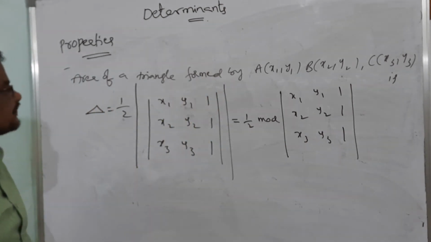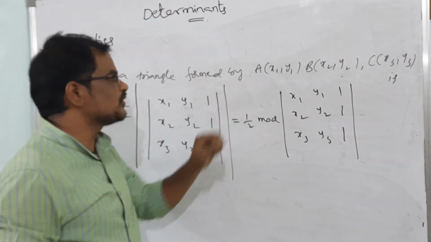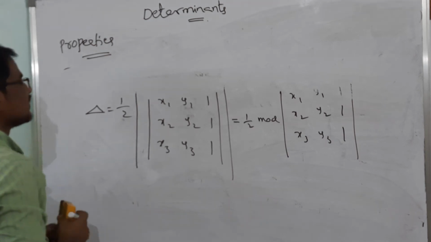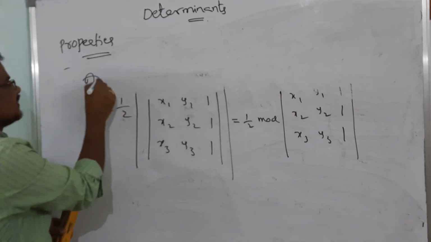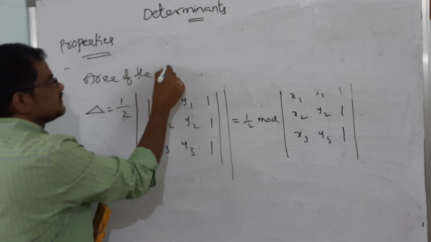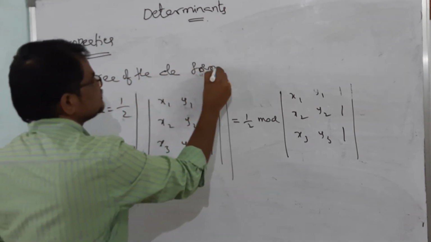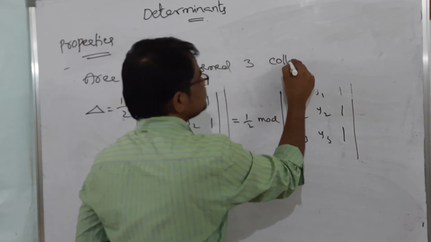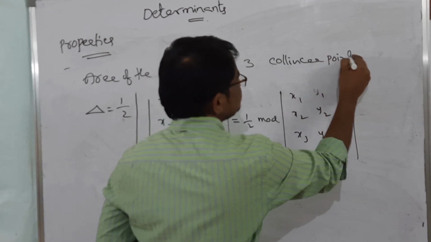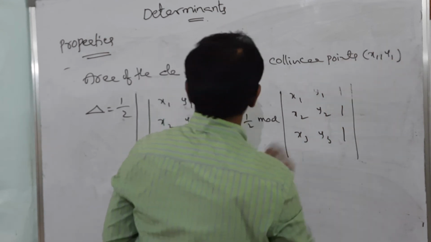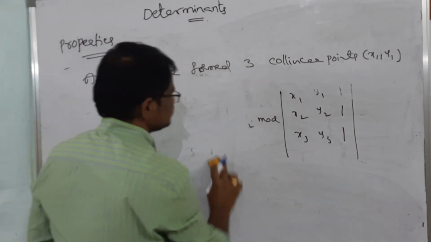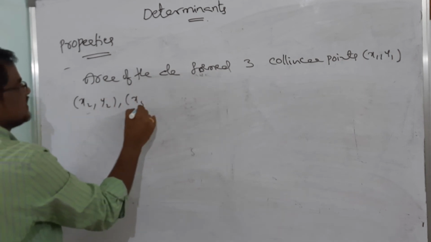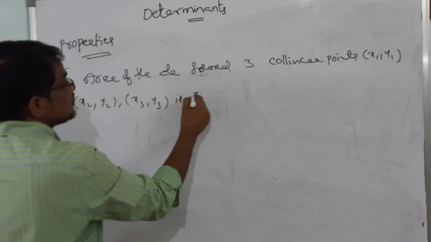Next property: the area of the triangle formed by 3 collinear points (x1, y1), (x2, y2), (x3, y3) is 0.